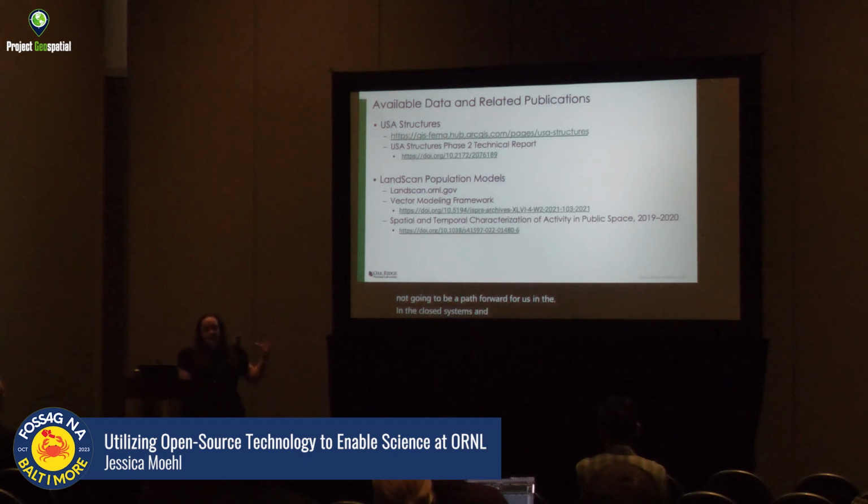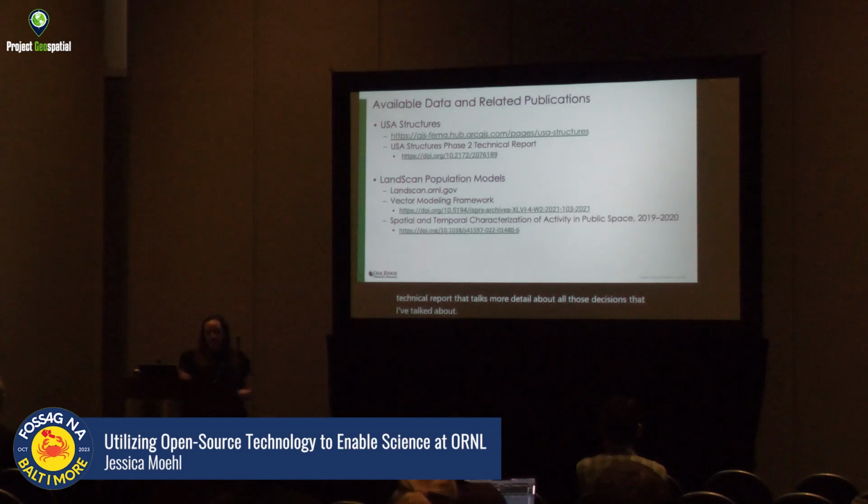And I'll end on this. These are USA Structures, and the landscape population models that we have are all open data that can be accessed. I think USA Structures is on Esri's Living Atlas too, if you want to use that as well. We have a technical report that talks in more detail about all those decisions that I talked about.